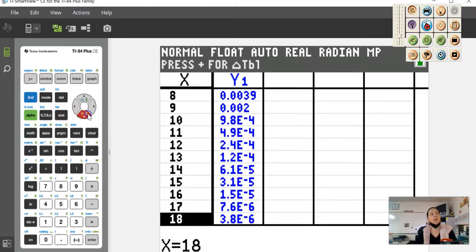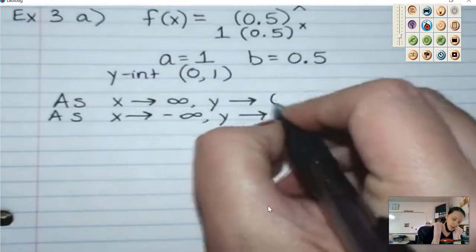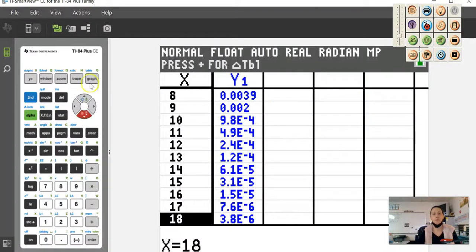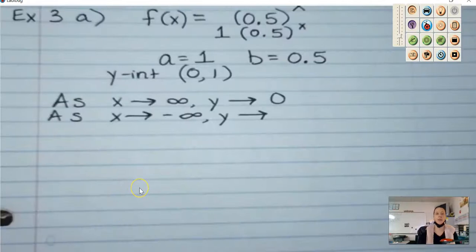These are all tiny, tiny numbers down here. So y is getting closer to 0. And then as x is getting closer to negative infinity, so as x is getting smaller, so as I'm going to the left on the x-axis, the y values are going up forever. So it's going to positive infinity.